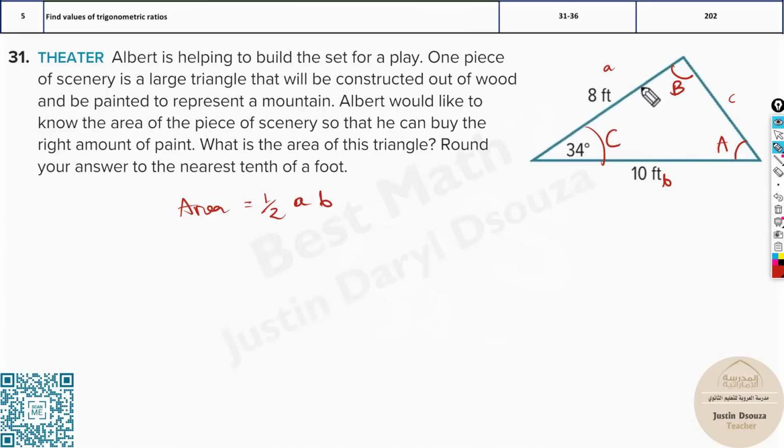When we write small letter, it denotes the sides, and sine capital C. Now this can be rearranged. It can be half BC sine A, as long as you know the given values.